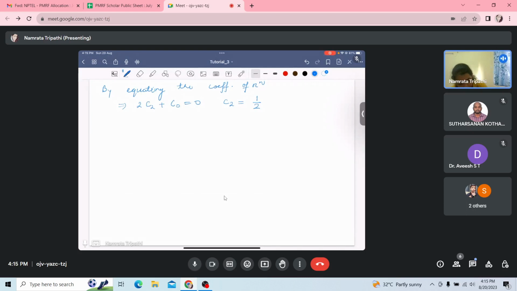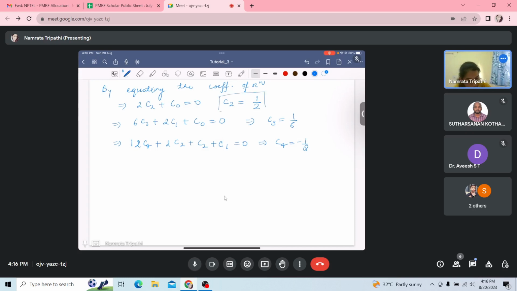After equating the coefficient of x and putting C0 and C1, you will get C3. These are simple calculations.